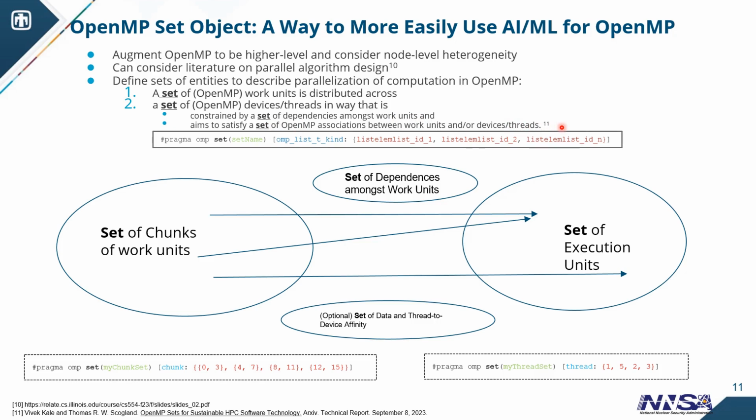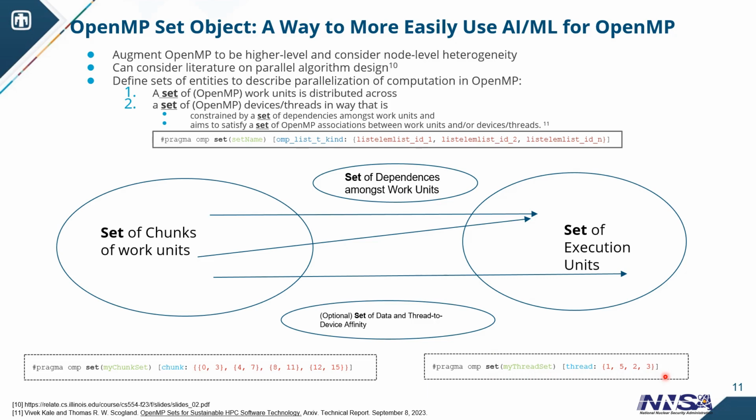Now, users or a machine can express sets programmatically in OpenMP as shown here. So with this set interface, you can then define a set of chunks or work units in this way here, and you can also define a set of threads or execution units, as shown here.